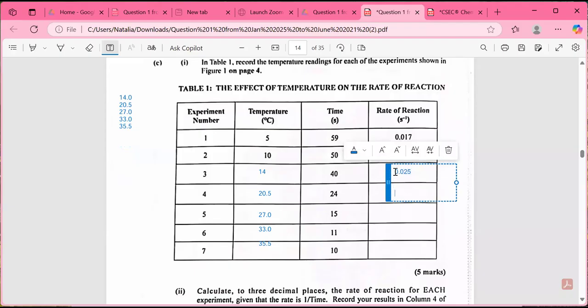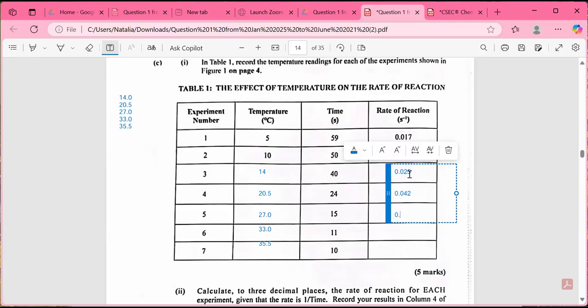Give me them then. 0.042. Miss, that is for the 24. 0.042. 0.067.